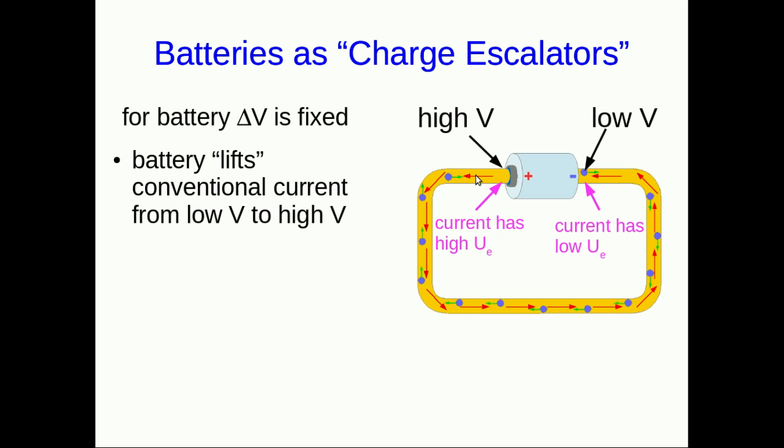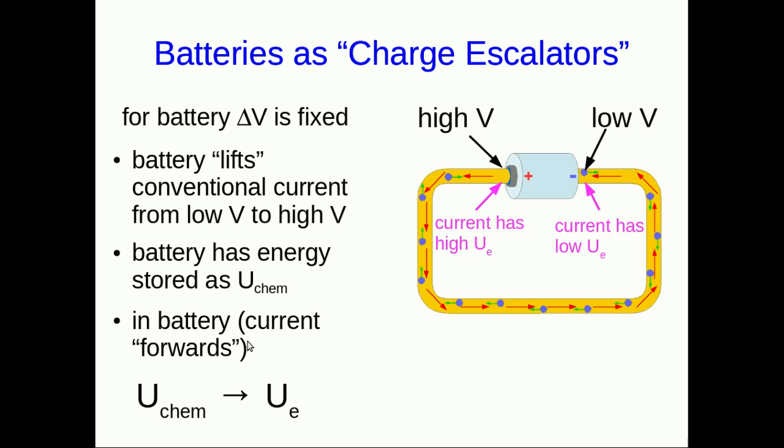So we can think of the battery as taking charge from its negative terminal and lifting it like an escalator from low potential to high potential, from low potential energy to high potential energy. The battery has stored energy as chemical energy, and so what is going on physically inside the battery when this is happening is an energy transformation from chemical energy stored in the battery into potential energy.